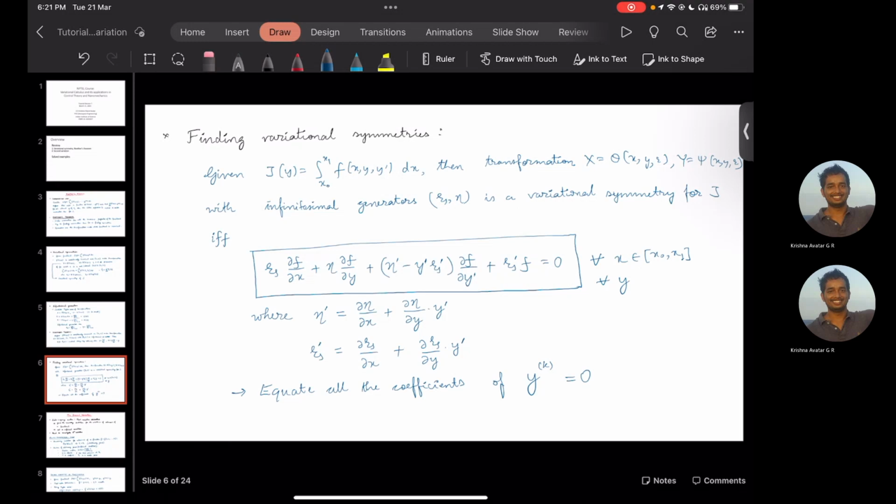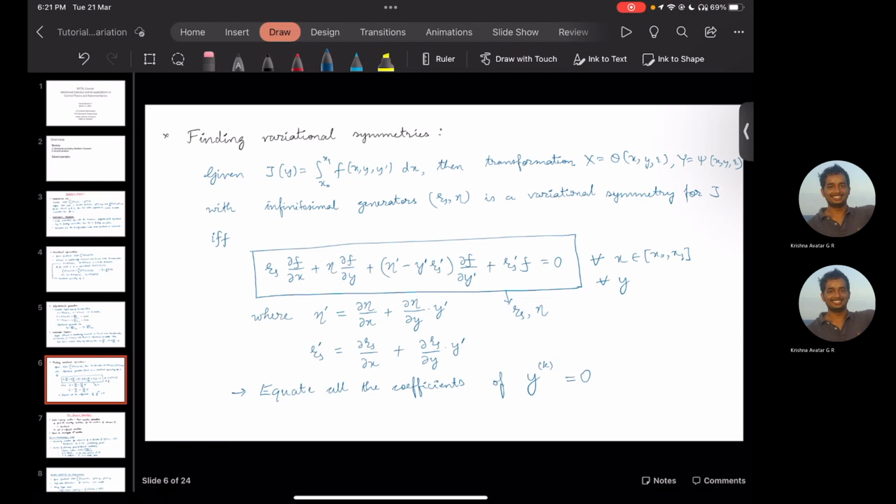And this gives us a set of equations, and most of the time we'll have more equations than the number of variables, so to speak.